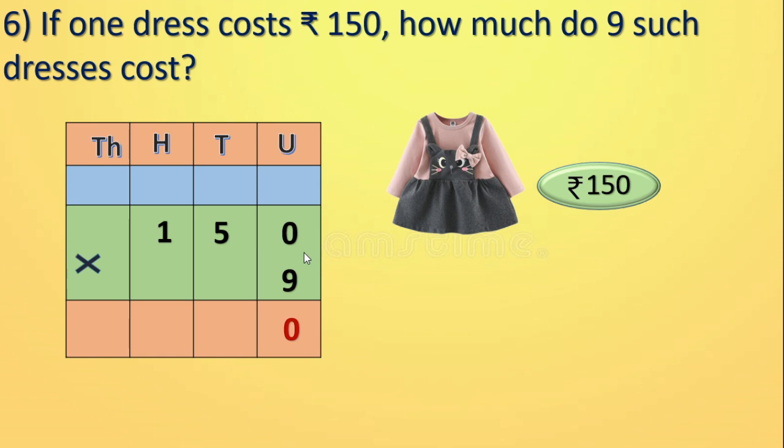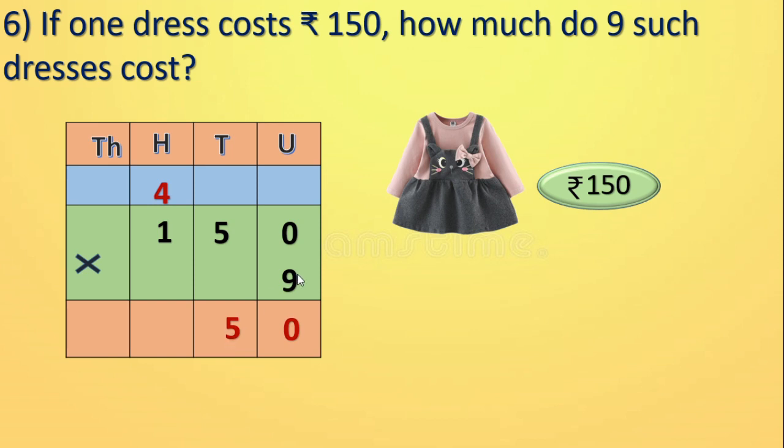When we multiply any number by 0, we get the answer 0. Remember this, okay? Now 9 5s are how much? 45. Now what to do now? Yes, 4 is carried over to hundreds place and 5 will remain here.